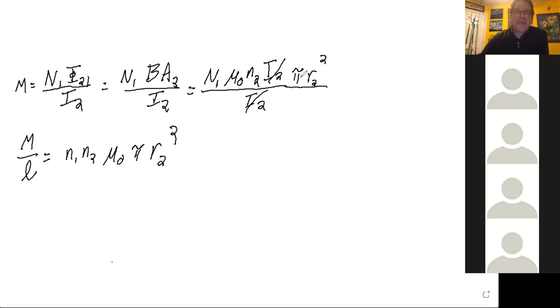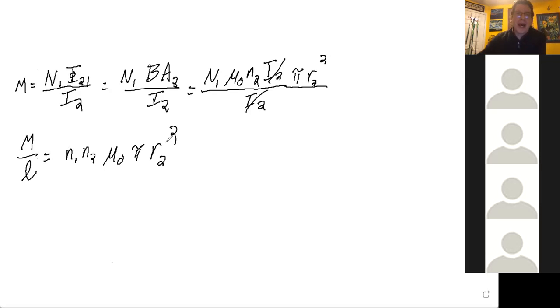And then to go from the mutual inductance to the mutual inductance per unit length, you're just dividing capital N1 by L, and that's small n1. And so you get the product of small n1 and small n2 times mu naught times pi r squared. And if you work the opposite direction, you would get the same result.